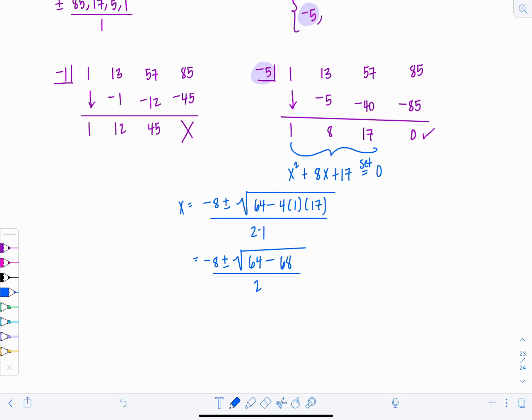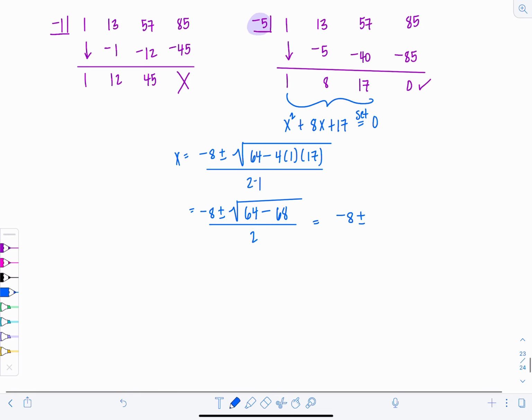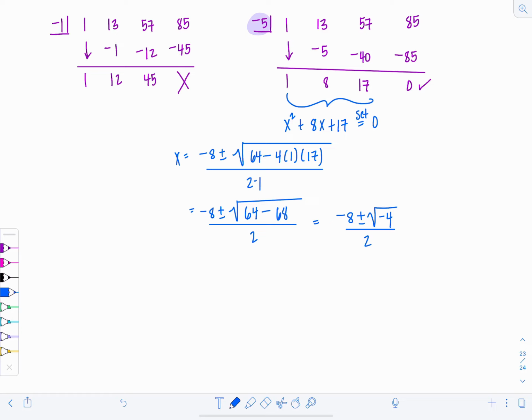All right, and let me help you clean this up. So we have negative 8 plus or minus the square root of 64 minus 68, that's negative 4, over 2.